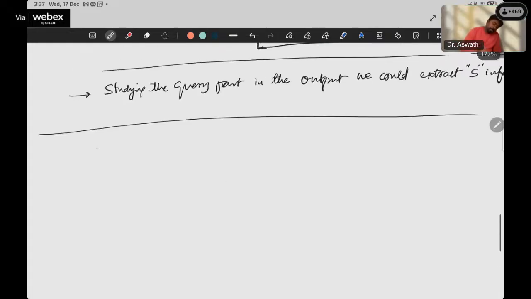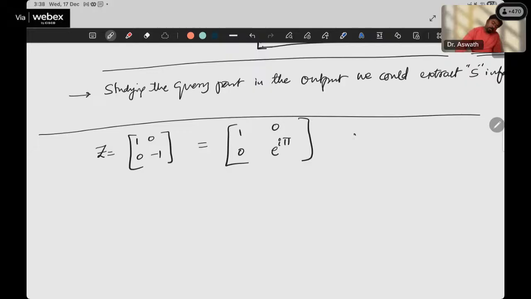Okay. So, okay, let me elaborate. Z is [1 0; 0 -1], which is [1 0; 0 exponential i pi]. You know why? Exponential i pi is cos pi plus i sin pi, which is going to be minus 1. The second term is 0 anyway. Fine.